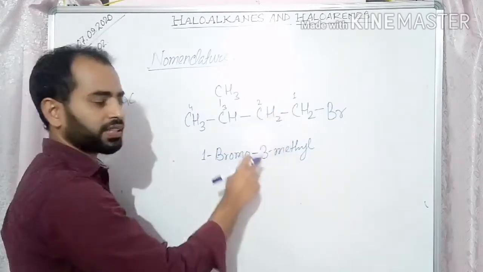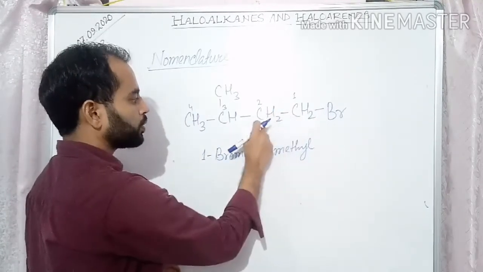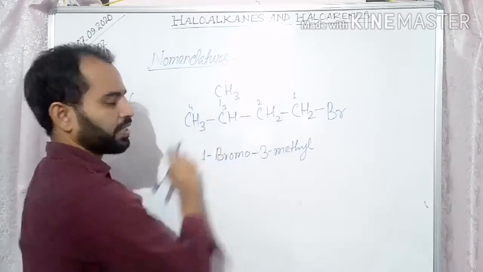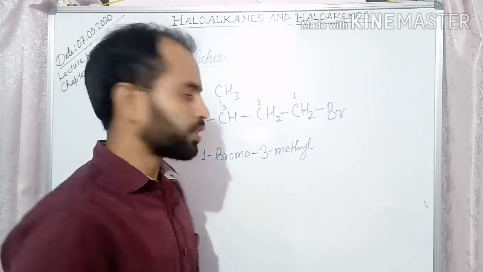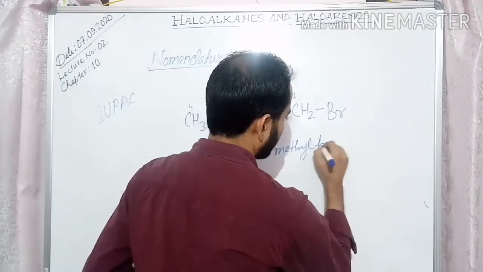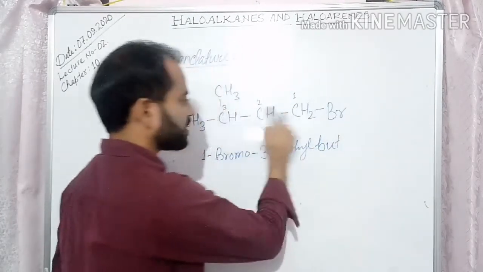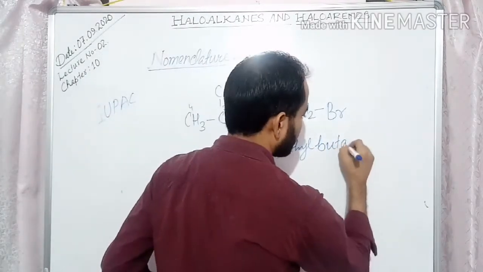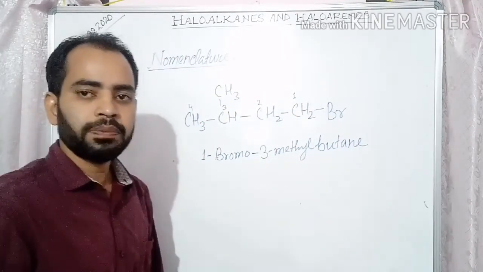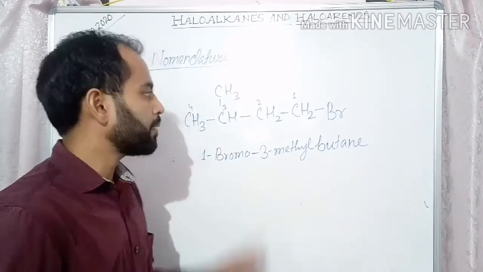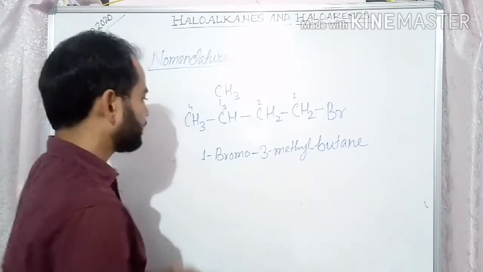Then we have to consider the chain. How many carbons? 1, 2, 3, 4 in the main chain. For 4 carbons, we use the word but, and since it is an alkane, we use the ane. So 1-bromo-3-methylbutane is the name of this compound.